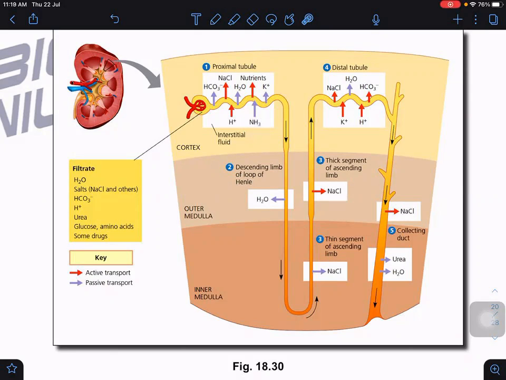Ammonia is toxic, so we don't let it enter into the blood. So we have the tubular secretion of ammonium ions into this PCT. And the majority of the water molecules are reabsorbed back by osmosis into the tissue fluids at the PCT.